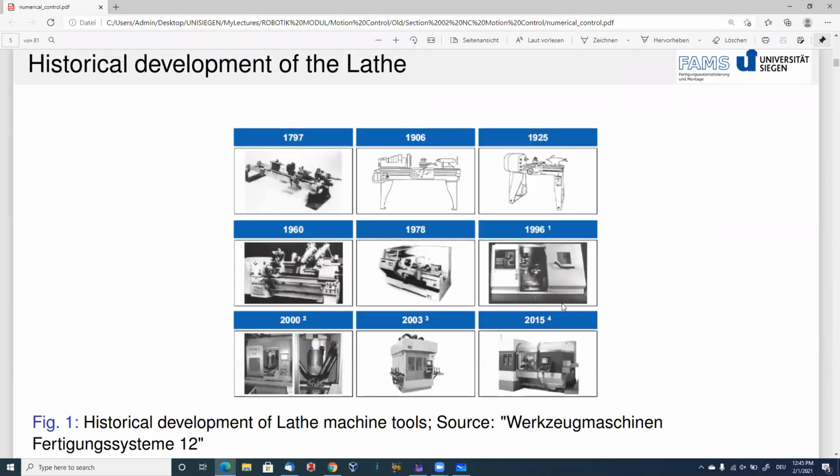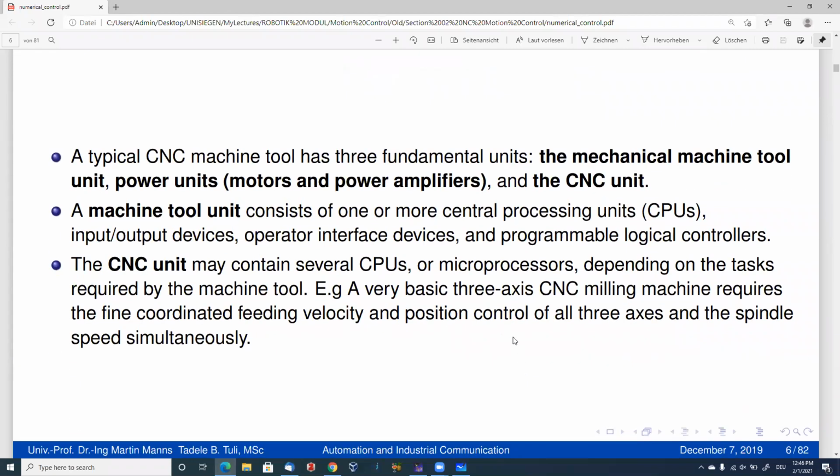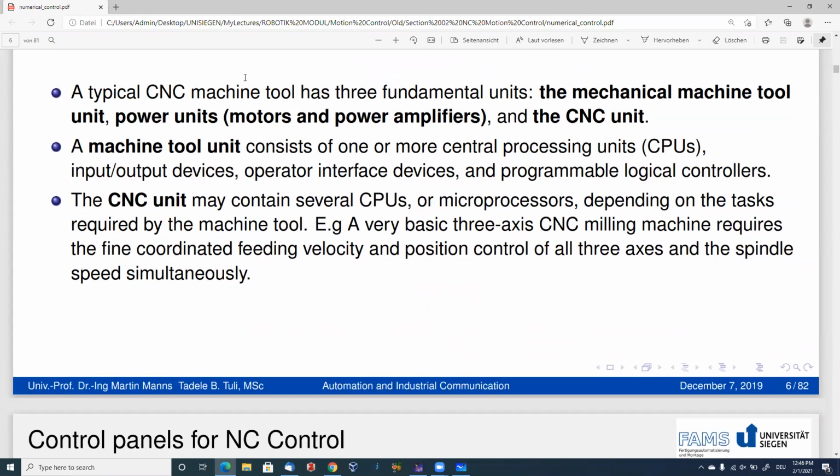Here you see the historical development of these machines. In 1797, it looks something like this. In 1906, it looks something like this. Now it looks something like this, just more computerized and more intelligent. In CNC machine tools, in general, you have the machine tool unit, the power unit, and the CNC unit.